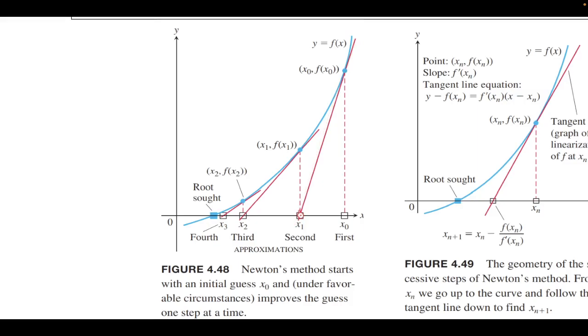So then we go up and find the tangent line at x sub 1, draw the tangent line, and see where the x-intercept is. Then we go back up, draw the tangent line at the point, consider its x-intercept, and if you continue this process, you can see we're basically getting closer and closer to this root that we're seeking.